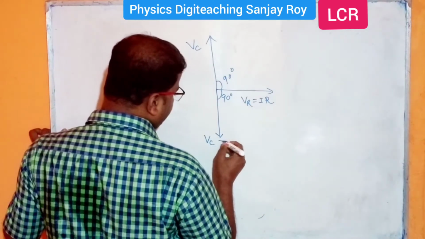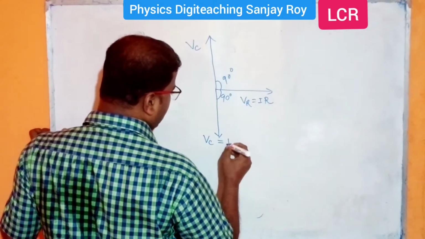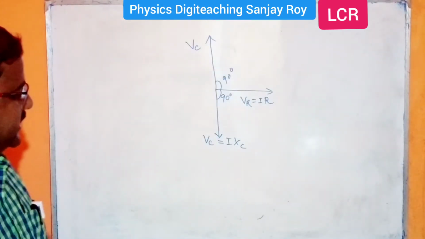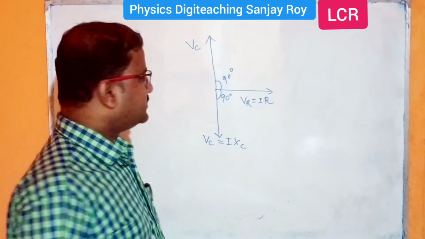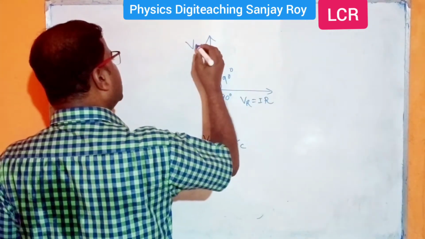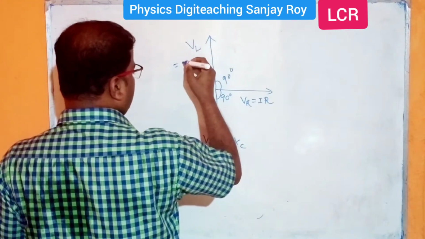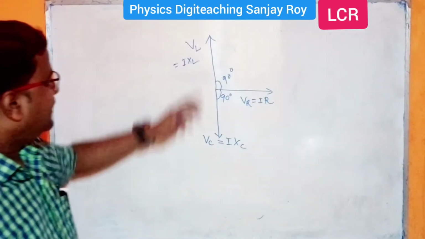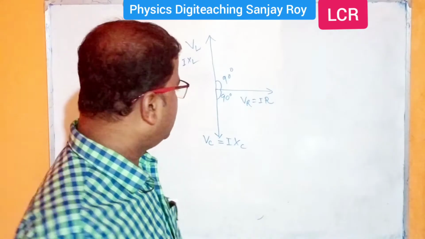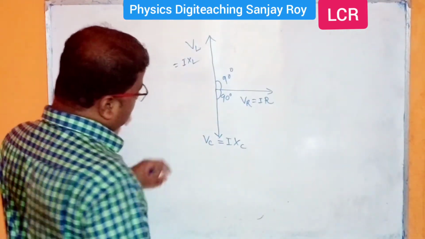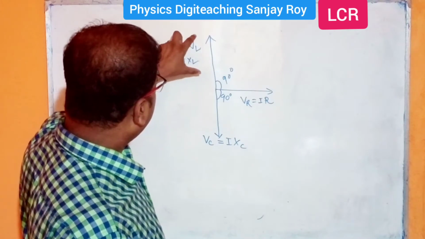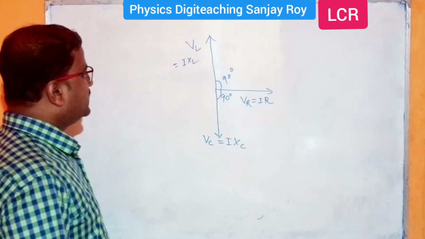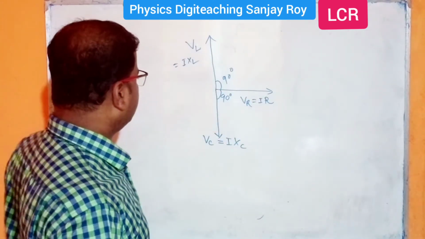Here VC equal to I into XC, where XC is the reactance offered by capacitor. This is VL, VL equal to I into XL, where XL is the reactance offered by the inductor. We see that here the VL is rotated through an angle 90 degree in anti-clockwise direction.